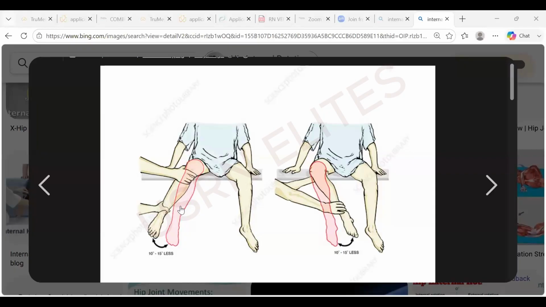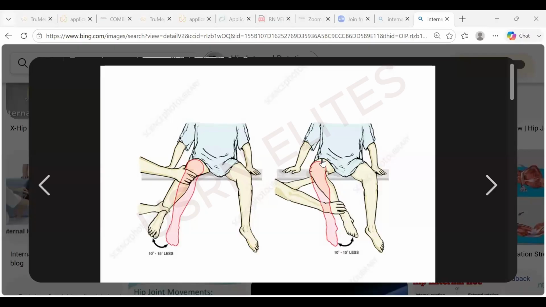So it means that when there's external dislocation, the joint will move internally. I hope you get it. And with this one, when the leg moves towards the center, it means that the joint will move away.